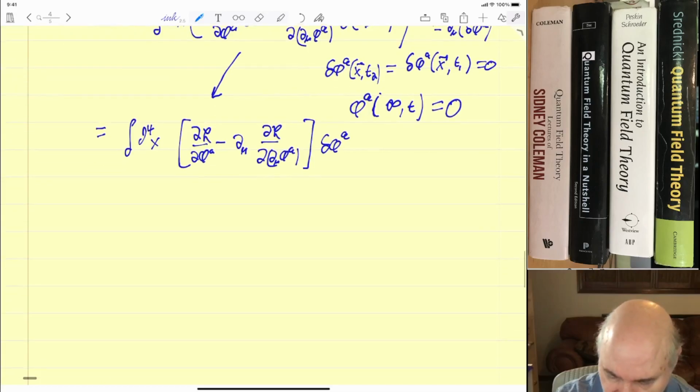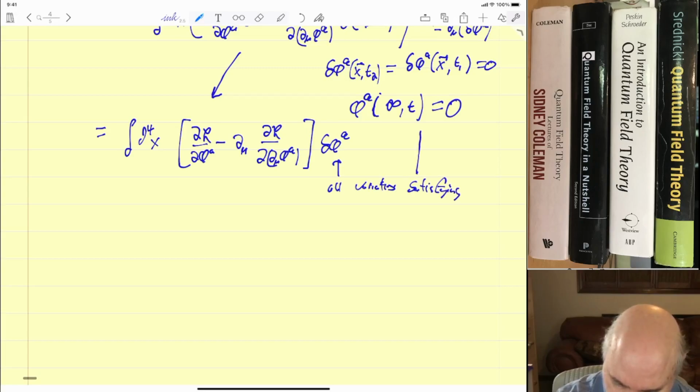And this has to hold for all variations of delta phi A that satisfy those conditions. You can see when we have a time derivative, it vanishes because at T2 and T1, the variation is 0. When we have a space derivative, it vanishes because the fields themselves vanish at infinity. So there's no boundary term.